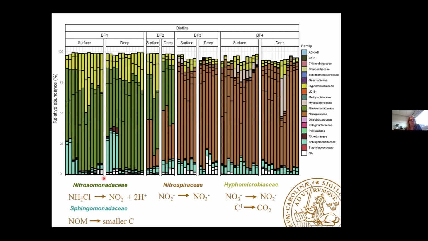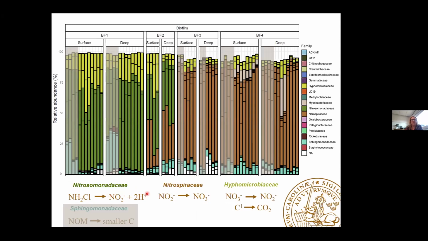So the dark green ones are Nitrosomonadaceae, and they're actually metabolizing the disinfectant, which is in this case monochloramine. This monochloramine is converted to nitrite, which then as it flows downstream can be converted by the Nitrospiraceae and Hyphomicrobiaceae. But when you add the ultrafiltration, you remove a lot of organic matter.